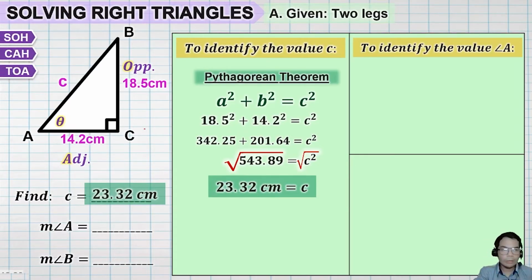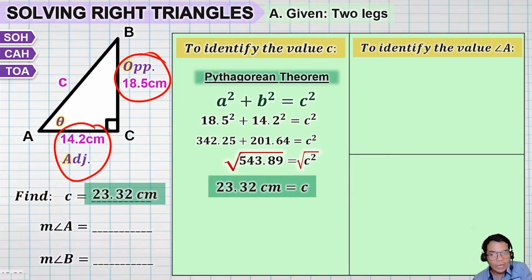So, if we go back to the basic trigonometric ratio, sine, cosine, and tangent, we have the mnemonic SOHCAHTOA. Ano ngayon yung pwede nating gamitin? Ano dyan sa tatlong yan yung gumagamit ng ratio between the opposite side and also the adjacent side, specifically the letters O and A? Sino dyan sa kanilang tatlo? Si SOH, si CAH, o si TOA?